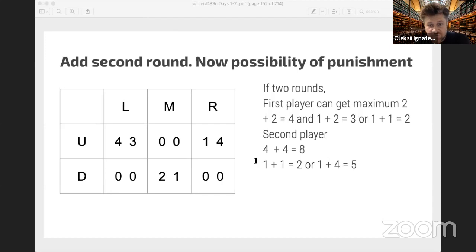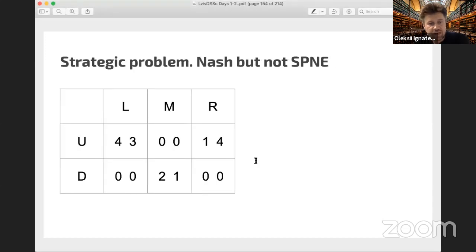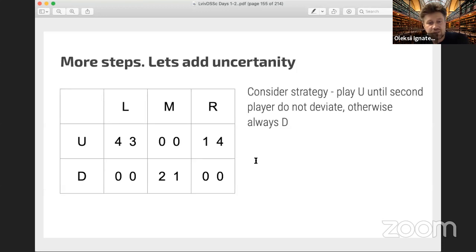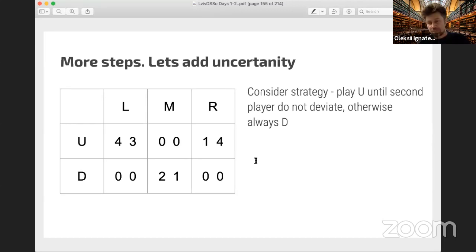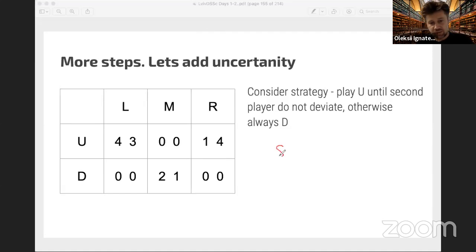But if you have uncertainty with this game, for example, we can imagine a game where you have a probability to go to the next round, and this probability is, for example, delta, from 0 to 1. If you have a probability to go to round number 2, then it changes the game a bit.